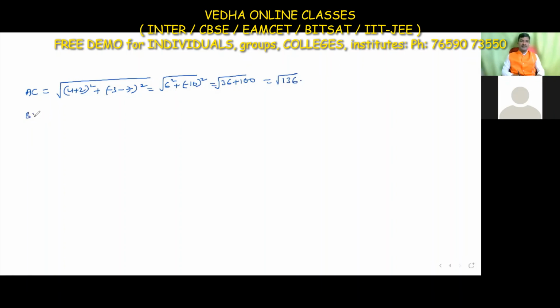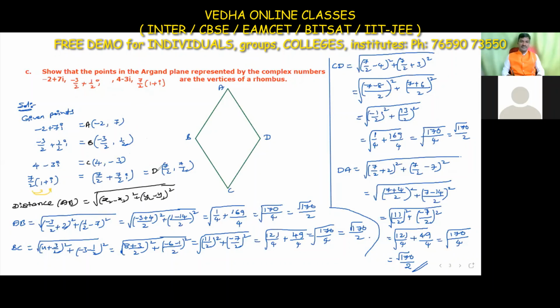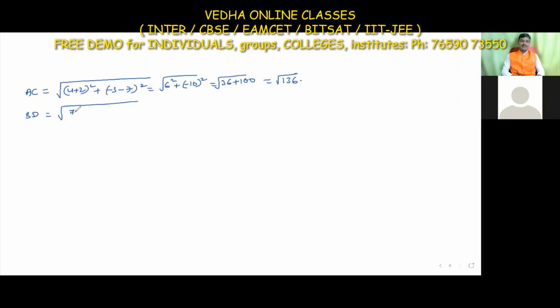Now find the BD also, the BD diagonal distance. B and D: 7 by 2 minus of minus 3 by 2 becomes plus 3 by 2 whole square, and 7 by 2 minus 1 by 2 whole square.